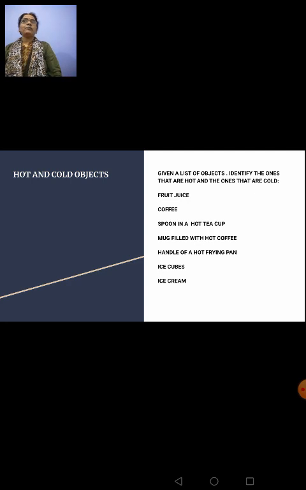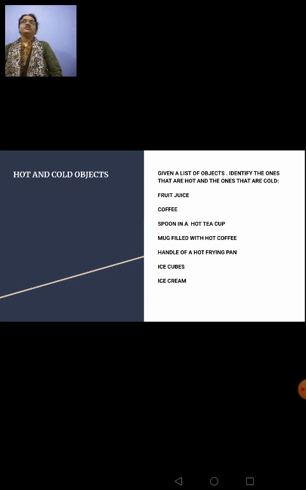Handle of a hot frying pan: handles are made of insulating material, which are poor conductors of heat, so you won't feel that heat there. Mug filled with hot coffee: from the steam coming out or when you touch the surface, you will easily make out that it is hot. Spoon in a hot teacup: obviously, if it is a stainless steel spoon, by touching it you can find out whether it is hot or cold.